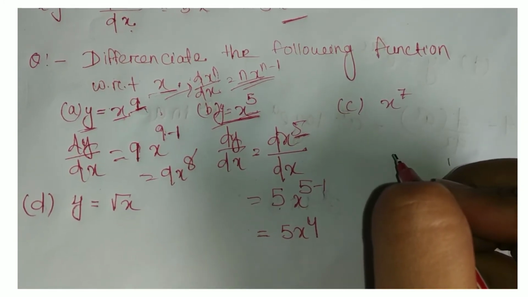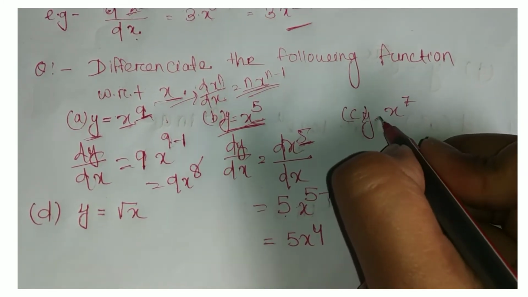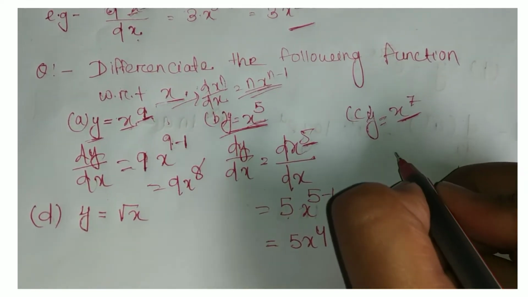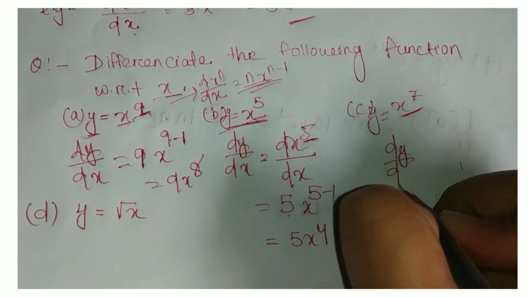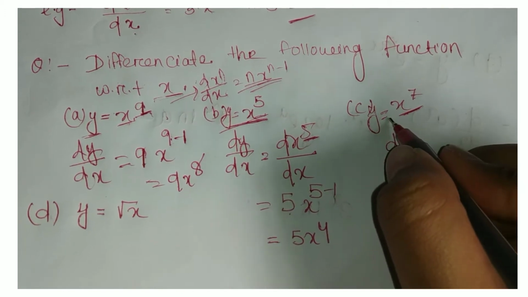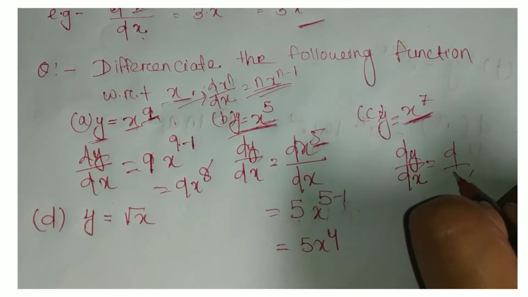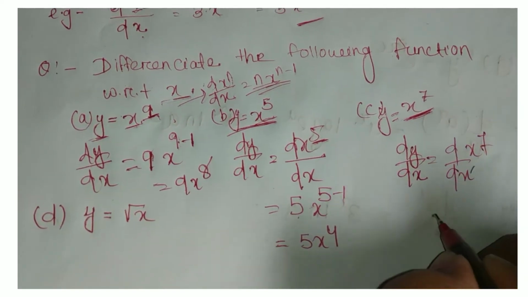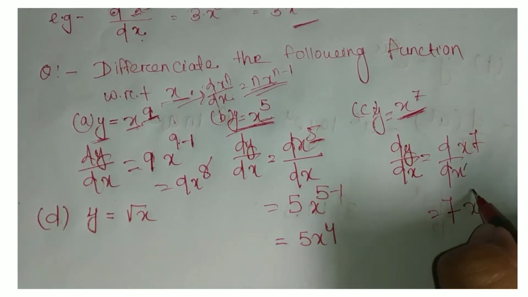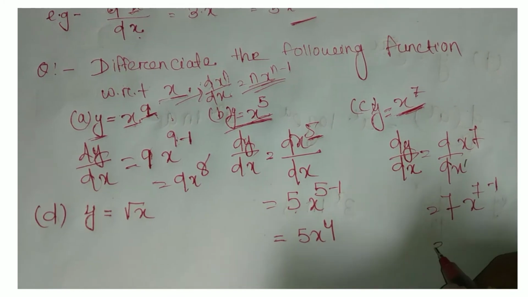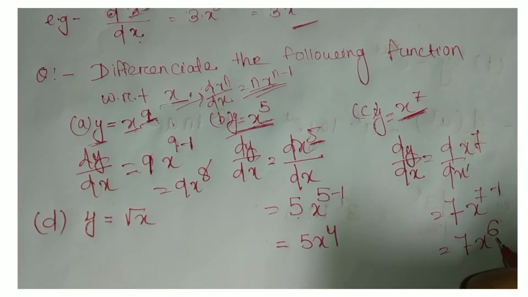Here y is equal to x to the power 7, so dy by dx, that is derivative of x to the power 7, is equal to 7 x to the power 7 minus 1, that is 7 x to the power 6.